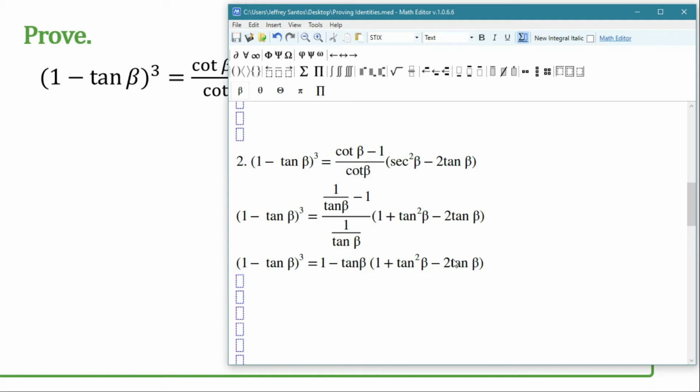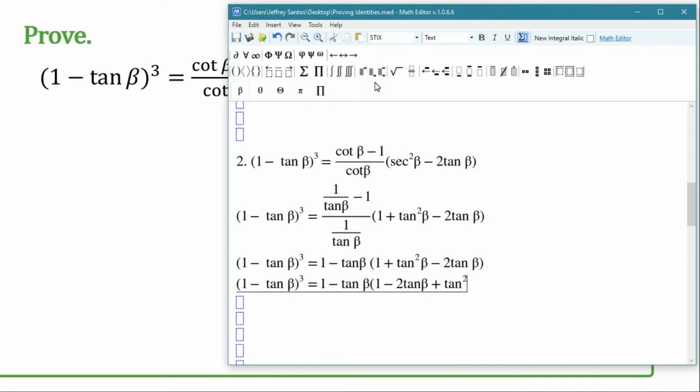Alright. And then, kung mapapansin natin, if we rearrange this one, this is actually a trinomial wherein it can be represented as the difference of two squares. So, i-rearrange muna natin siya as 1 minus the tangent of beta multiplied by, i-rearrange muna natin, that is 1 minus 2 tan of beta plus the tangent squared beta.